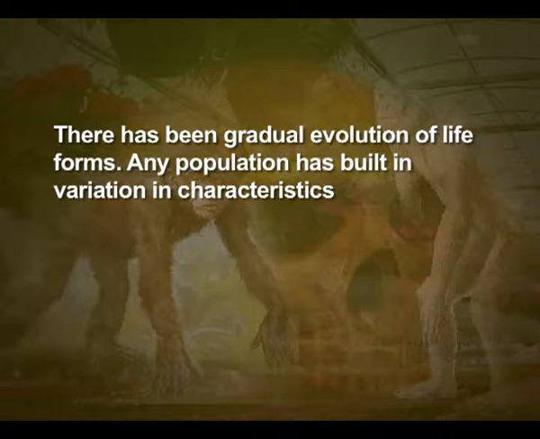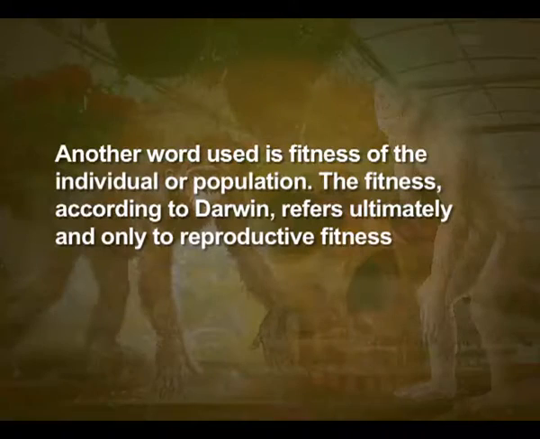Any population has built-in variation in characteristics. Those characteristics which enable some to survive better in natural conditions, that is climate, food, physical factors, etc., would outbreed others that are less endowed to survive under such natural conditions. Another word used is fitness of the individual or population.